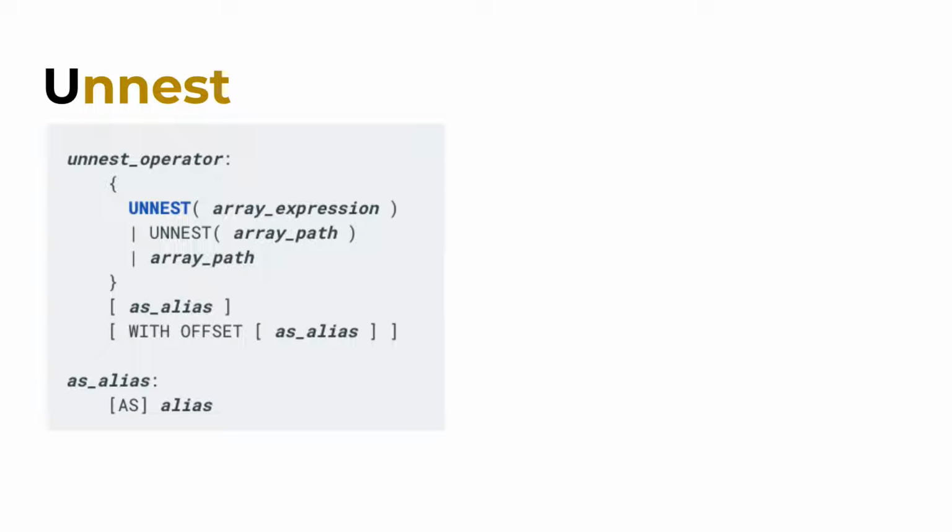Now let us look at the syntax for the Unnest operator. The Unnest operator takes an array expression or array path as input. Additionally, you can give an alias for the Unnest output, and you can also specify an offset.